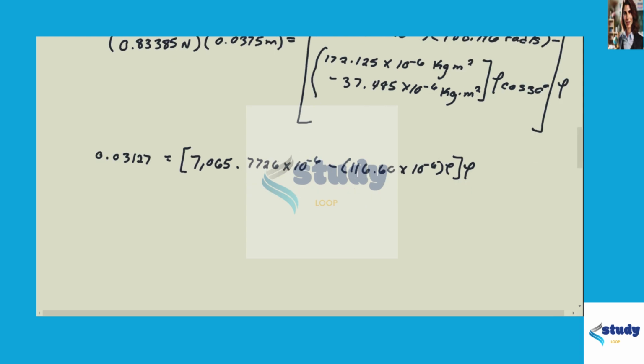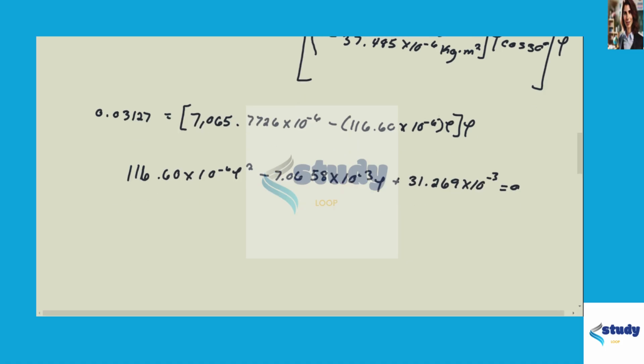And now we have 116.60 times 10 to negative 6 phi squared minus 7.0658 times 10 to negative 3 phi plus 31.269 times 10 to negative 3 equals 0. Okay.